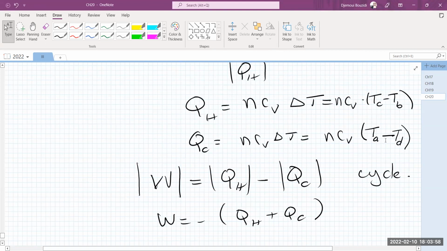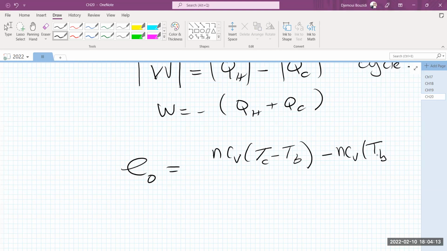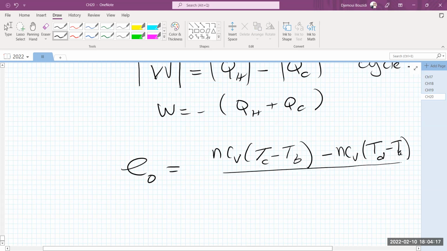So because this is a negative number, the way it's written like that, I'm going to take the absolute value, so I have to do TA minus TD. So it's minus NCV TD minus TA divided by Q hot, which is NCV times TC minus TB.